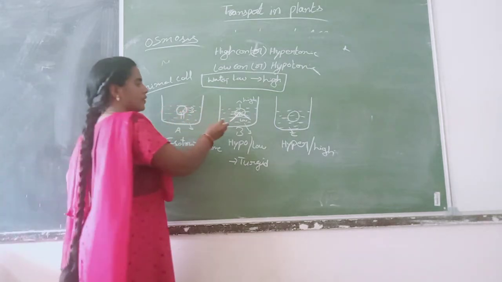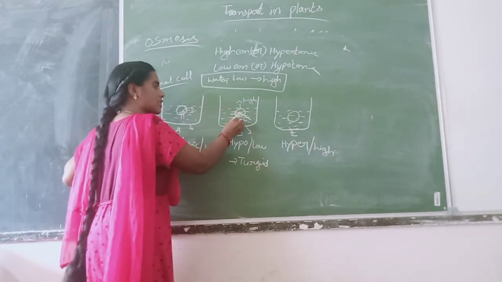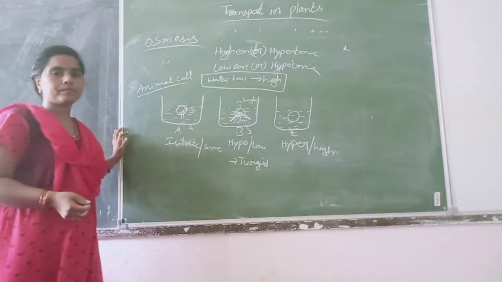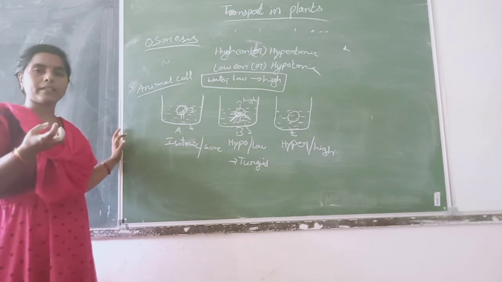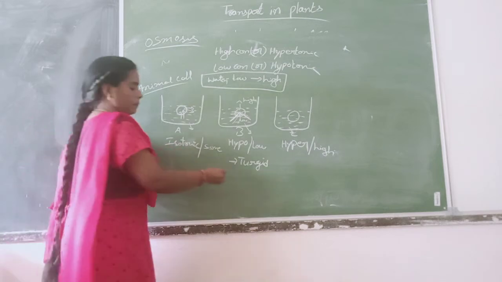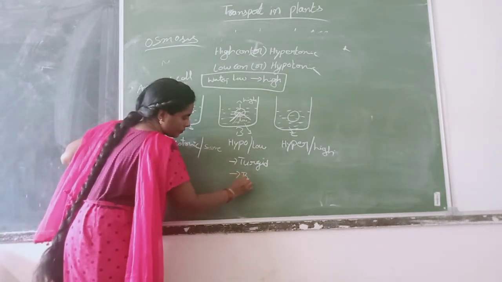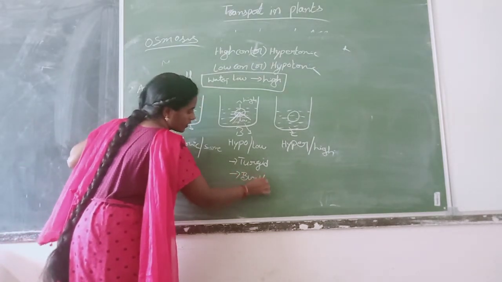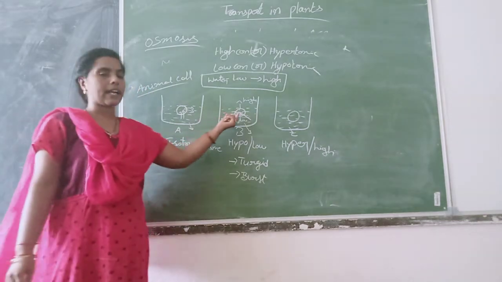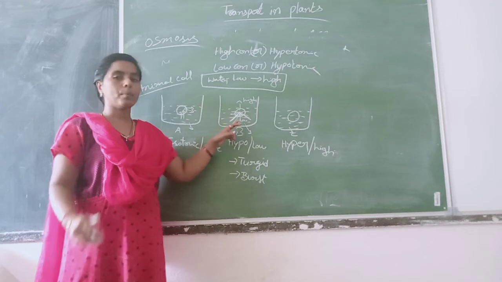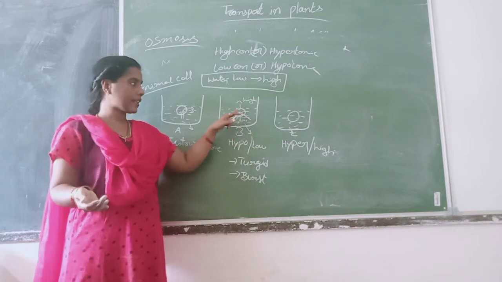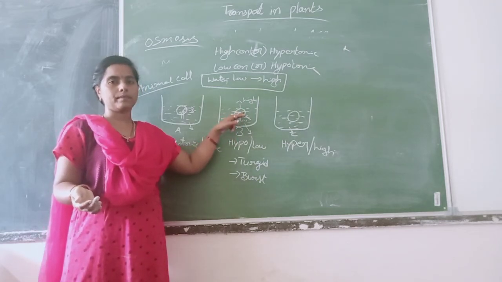This process will take place continuously. Then the animal cell swells and it leads to bursting, or the cell will be ruptured, destroyed due to the large amount of water entering the animal cell.